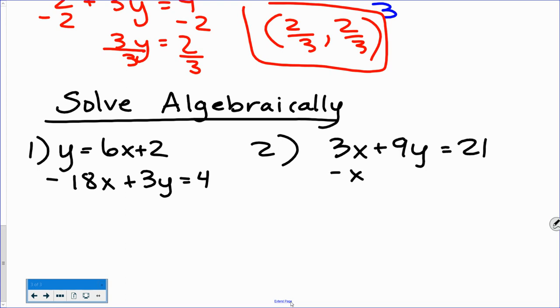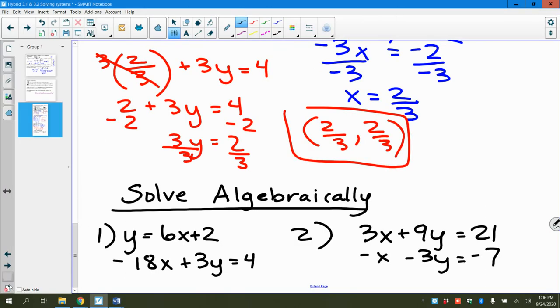And negative x minus 3y equals negative 7. So I would like you to pause this, try those two problems, and you decide whether you want to use substitution or elimination, and then I'll go through them. So we'll do that.